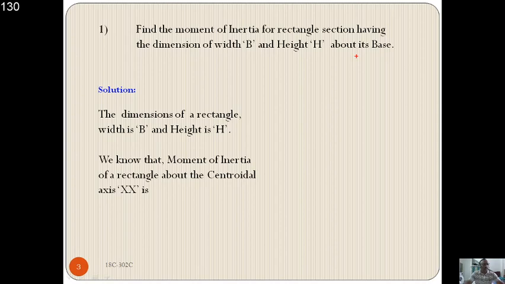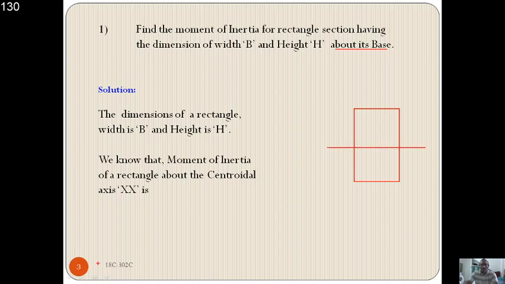When they are asking about the moment of inertia about its base, we need to draw the axis about the base. If this is a rectangle, the centroidal x-axis will be somewhere at h by 2.